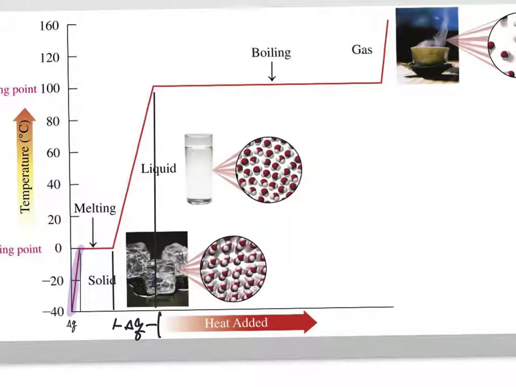So you can see here that going from the solid to the liquid only required a tiny bit of heat. This is your delta Q from 0 to that point right there.